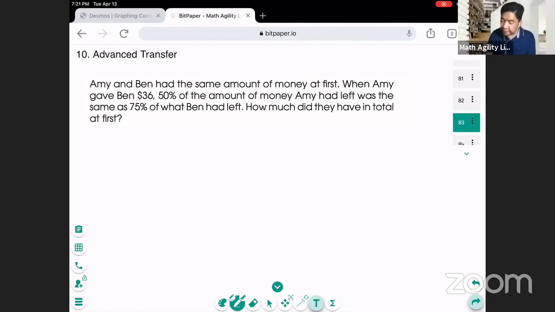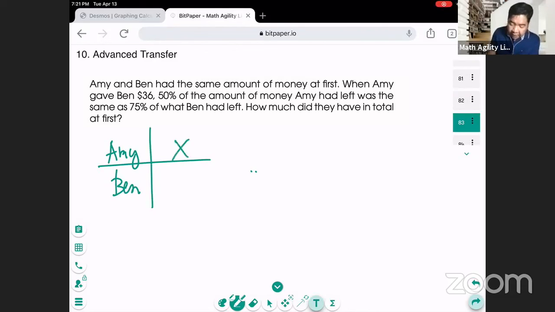So, let's say Amy and Ben. So, the table representation had X money for Amy and Ben had Y money. Okay?